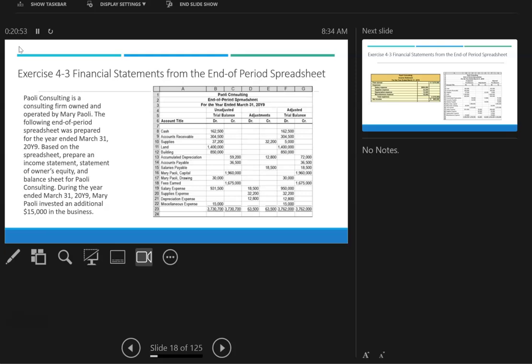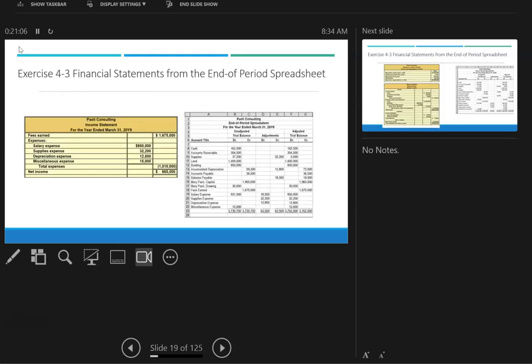Okay? Because during the year she invested the 15,000. She didn't do it as an adjusting entry. So to create the income statement, we're just going to take those bottom accounts. You see, we've got our fees earned, and then we've got our expenses, and from there we have our net income. Do you see that?